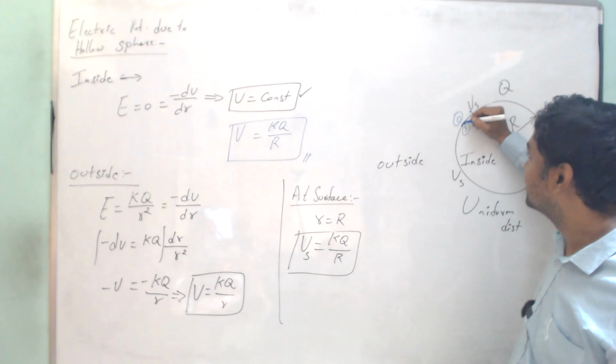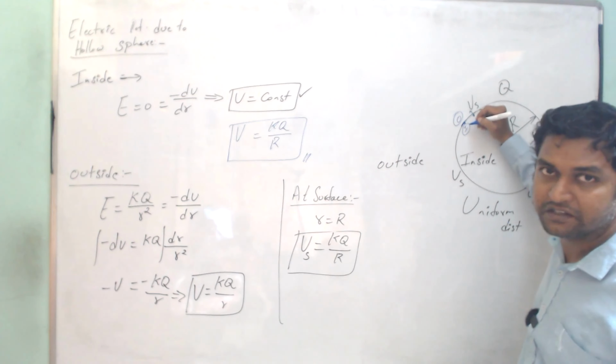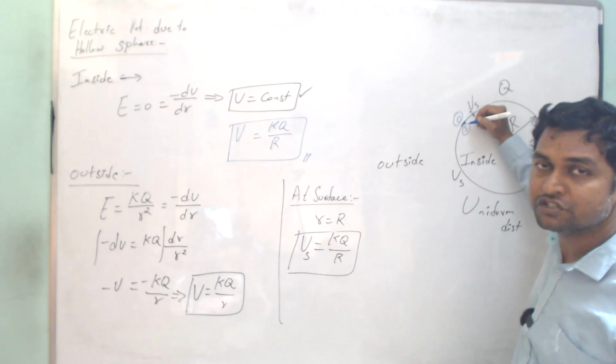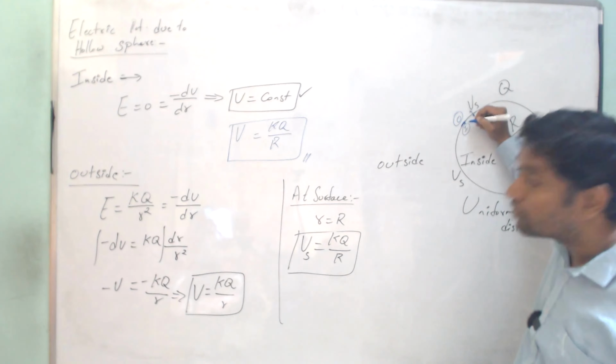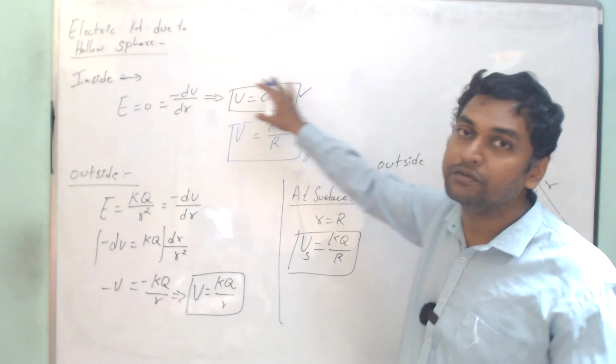Even if I come a very negligible distance inside, it is eventually inside. What is the property occurring inside? That the potential will be constant.